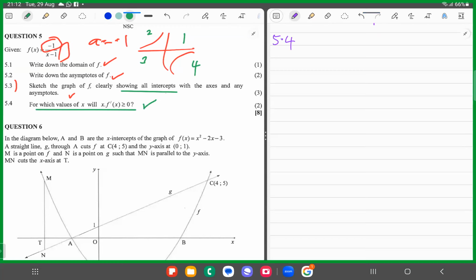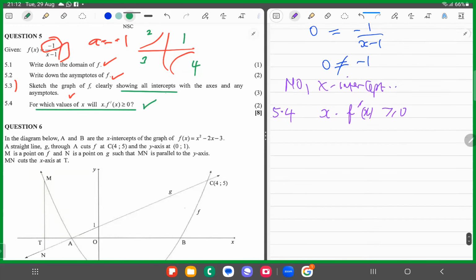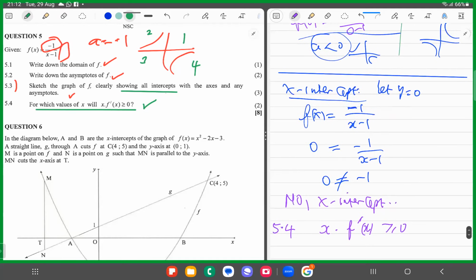Let's look at this question. It's a very interesting one. So now we are saying here x times the first derivative of f is greater or equal to 0. A very interesting question, but slightly tricky, so you need to be very careful here.